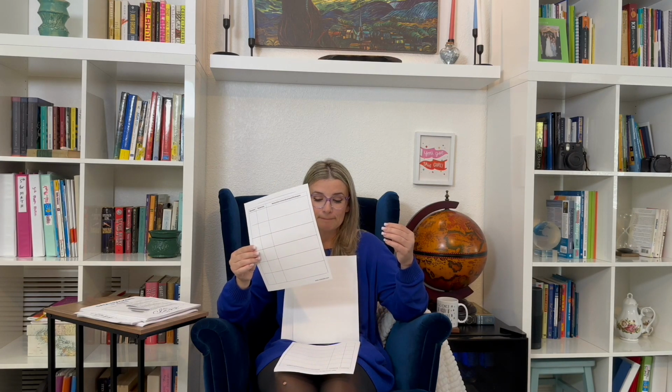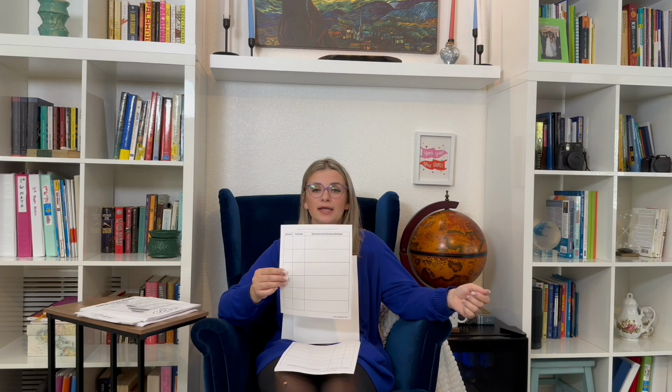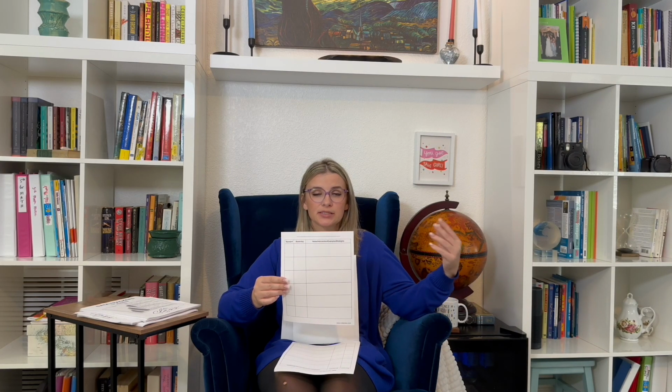And this data tracker keeps track of the standards. Maybe you want to group students based off of the standard that they all need to work on. So in this spot, you would put the name of the standard and what the standard is about. Maybe it's a multiplication standard, and then you list 3 to 5 students on here that you would group together where you can do an intervention or a small group activity just for those students based off of that standard.